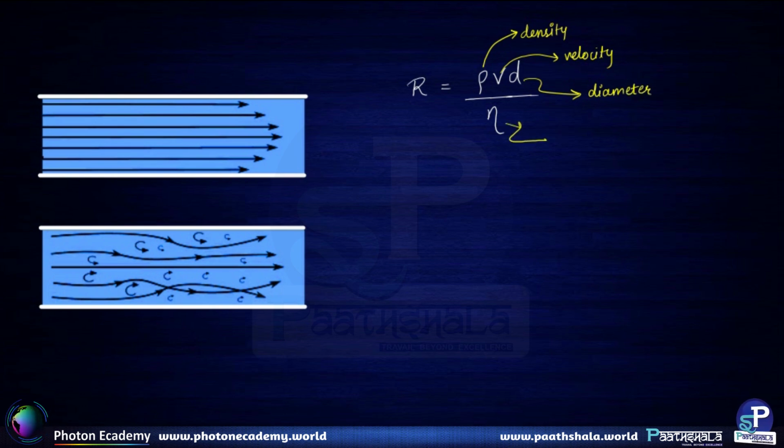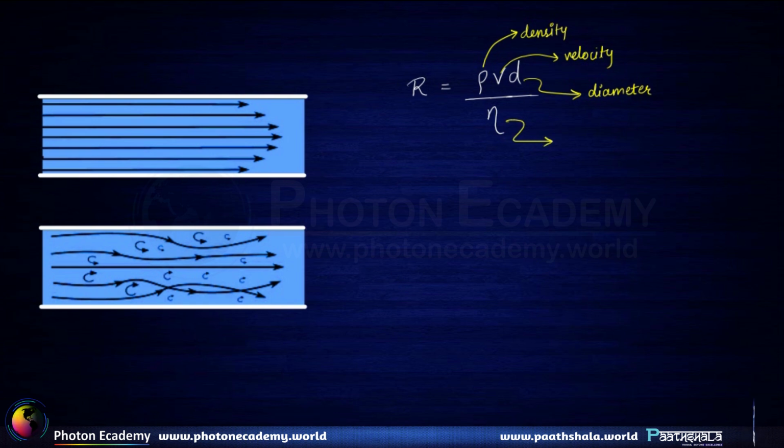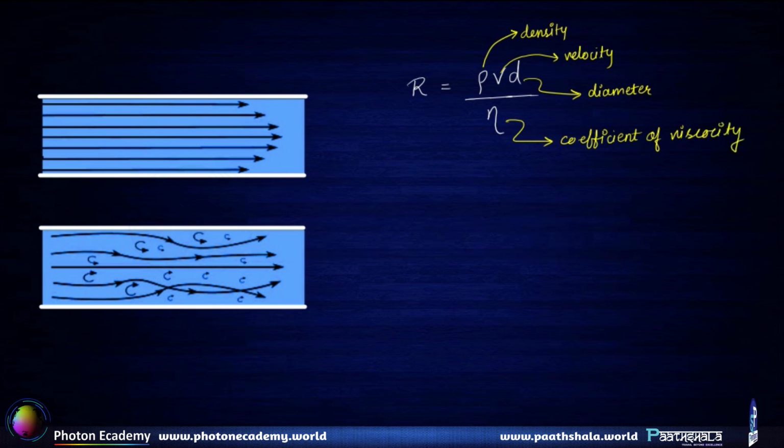Eta happens to be the coefficient of viscosity. So this number, which is called the Reynolds number, tells us essentially whether turbulence is happening or whether the fluid is flowing in a regular laminar or streamlined manner. So whether it is smoothly flowing or it is turbulently flowing.